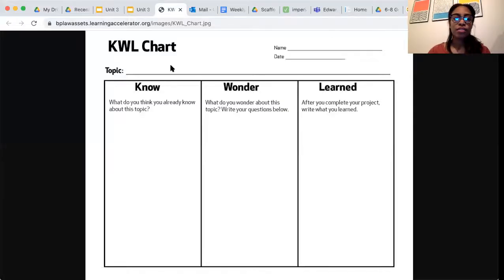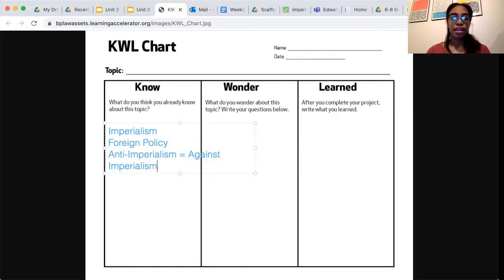So here in our annotations, we can put imperialism, foreign policy, and anti-imperialism. Anti. Do you think that's going to be in favor or against? Very good, against imperialism, right? And we already learned the word annex, which means to add, right?